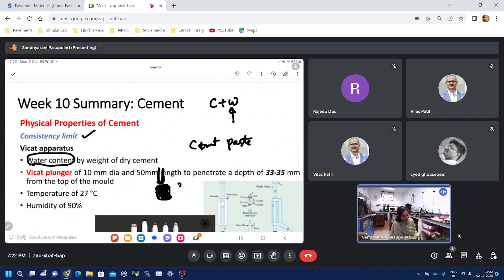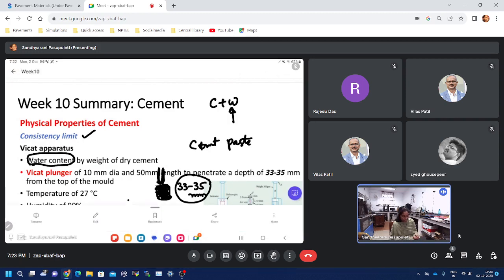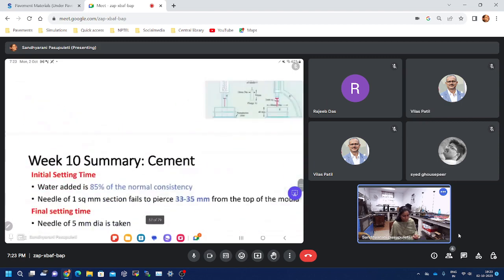But we want it to penetrate at least 33 to 35 mm, so that the cement is not very hard. We note down the water content at which this penetration is observed. That water content we maintain as the normal consistency limit.